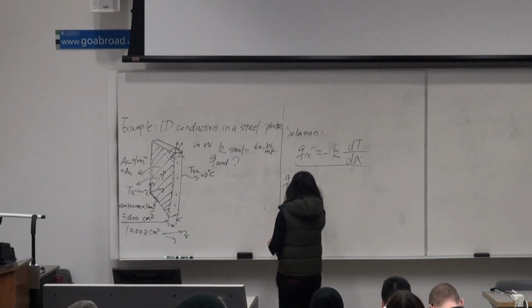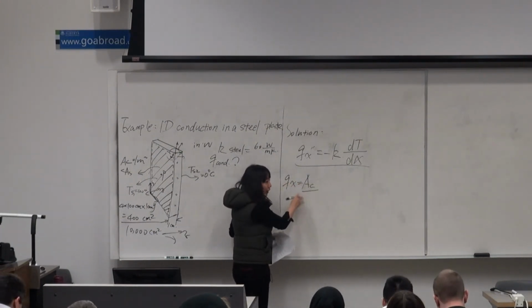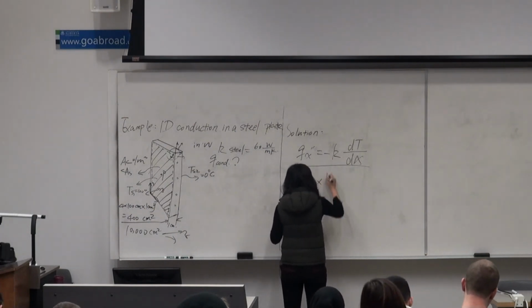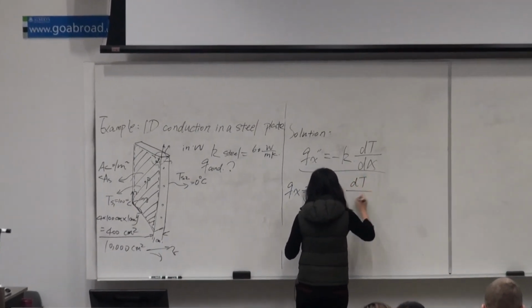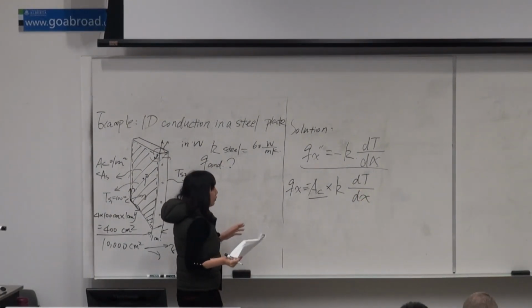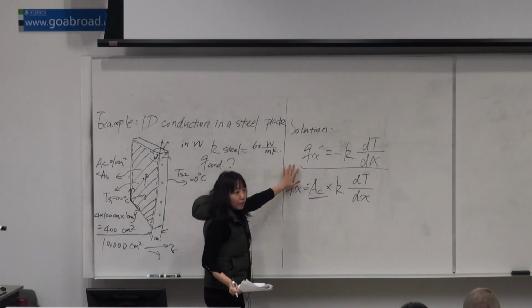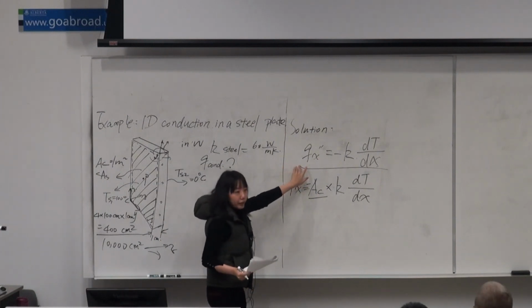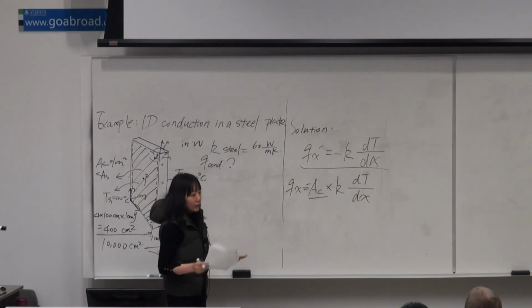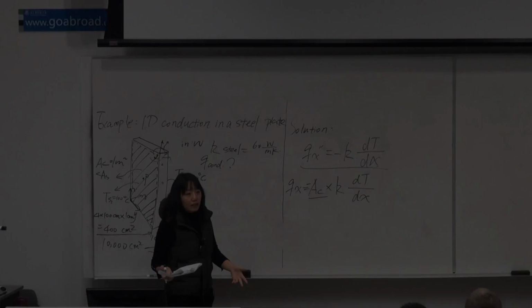That's the cross-section area. We cannot use surface area here. And in our exams, always write down the governing formulas first and go step by step. At the very last step, you plug in all the numbers.